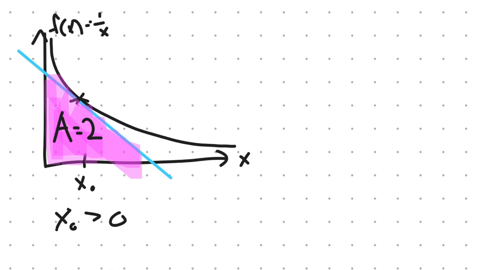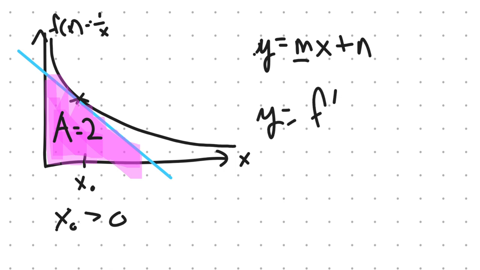Now, if we want to take the tangent line, it is a line, so it has a normal description of saying, okay, I have mx plus n. The m is just the derivative at the specific point x0. So I'll just take the derivative of that function and then put the x0 inside there.